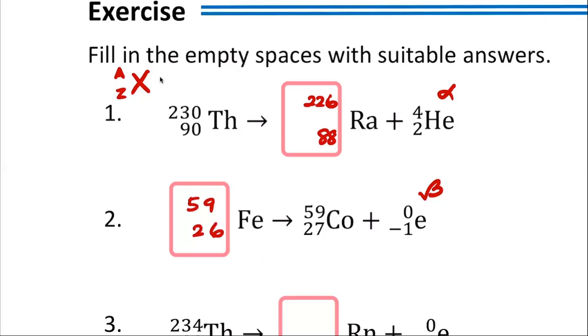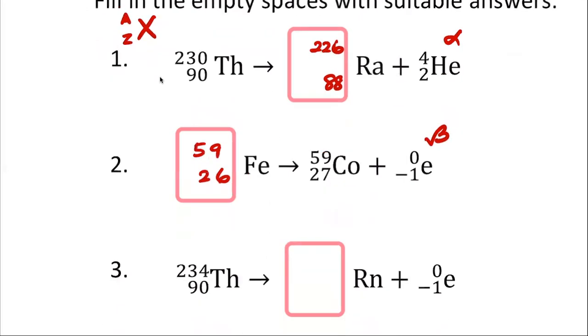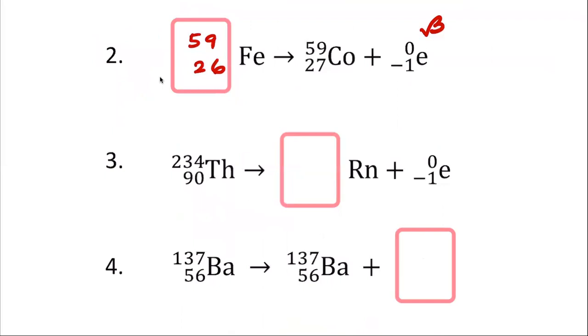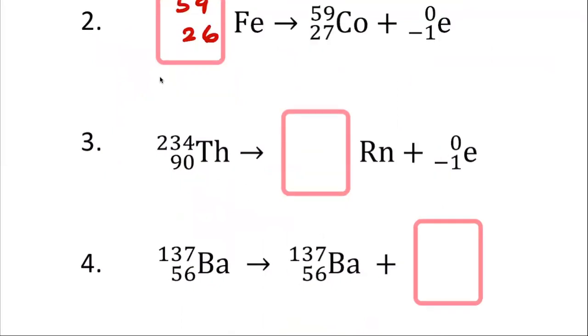Number 3, thorium decays to become radon and releasing a beta particle. This is a beta particle. 234 and 91. Okay, correct.